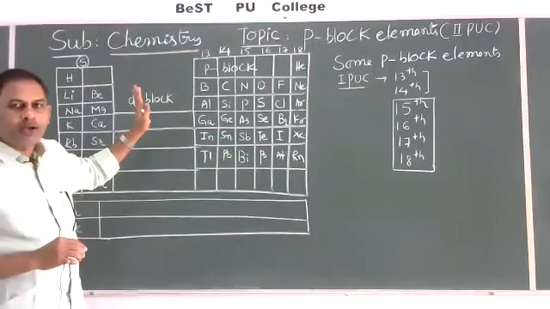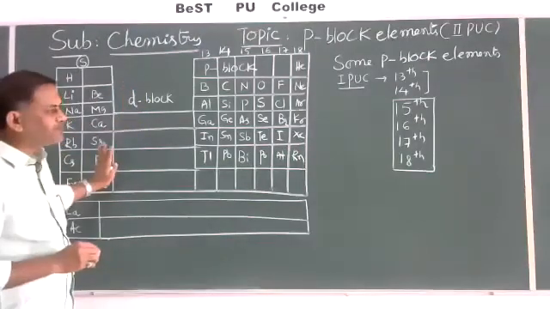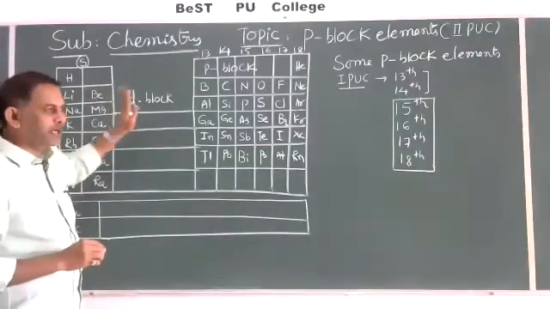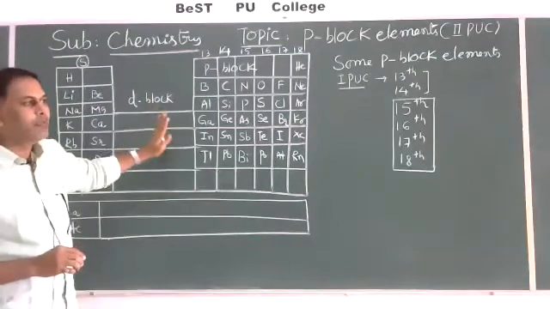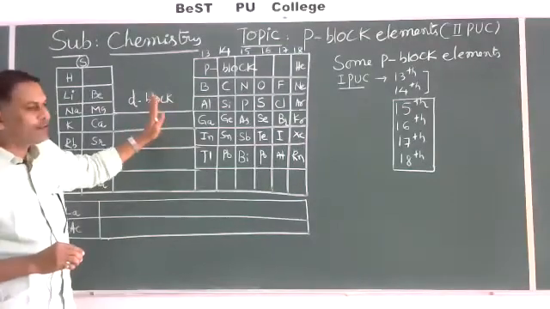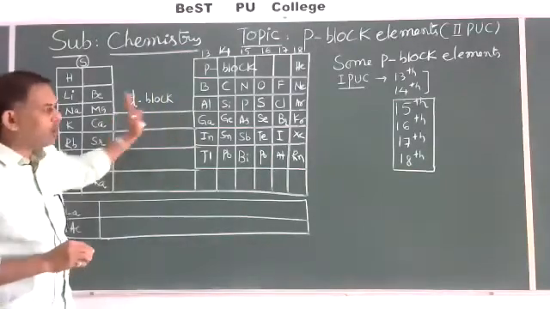So we know the periodic table from first year, the complete analysis of the periodic table and groups in both first and second PUC, 11th and 12th standard. They will guarantee a minimum of 4 to 5 marks in objective questions related to the periodic table and blocks.